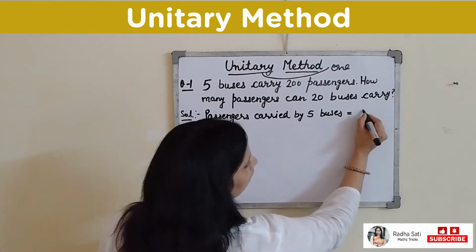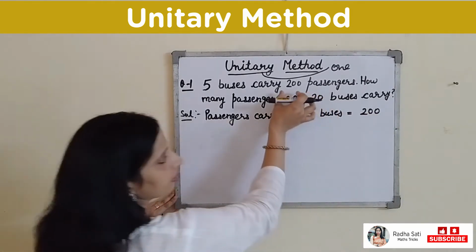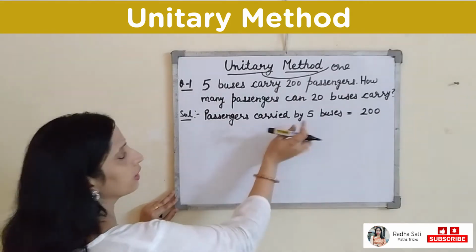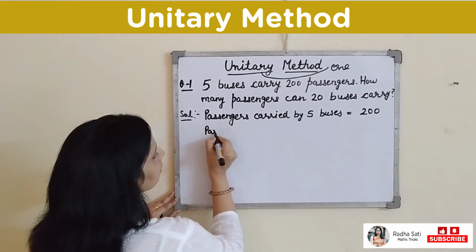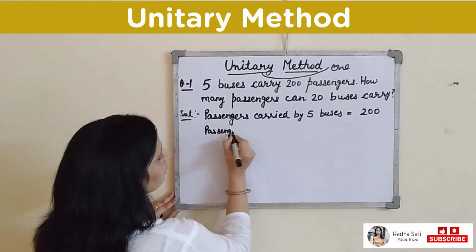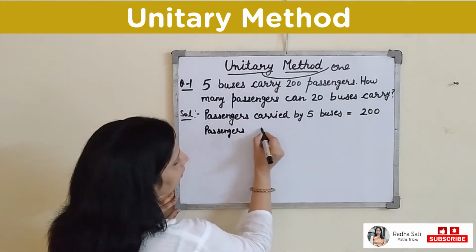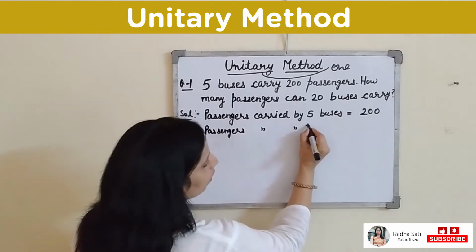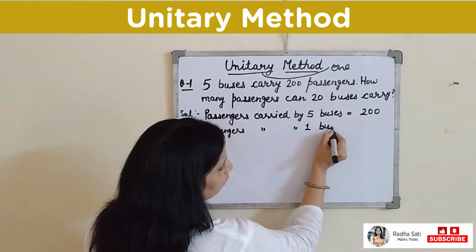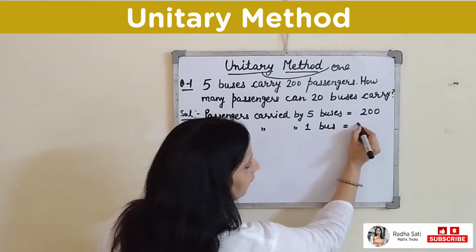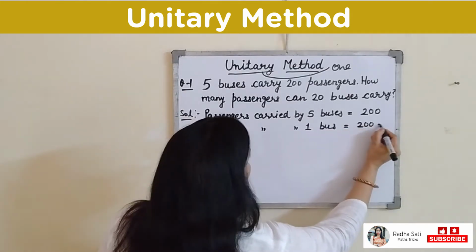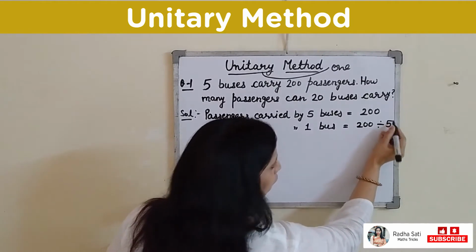So it is 200. It is given. So now first we will find out the passengers carried by one bus. So for this we will divide 200 by 5.